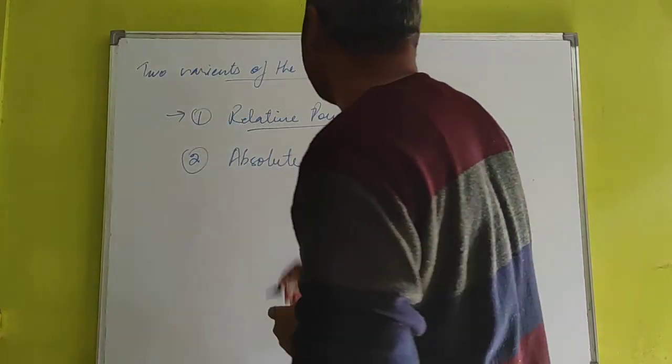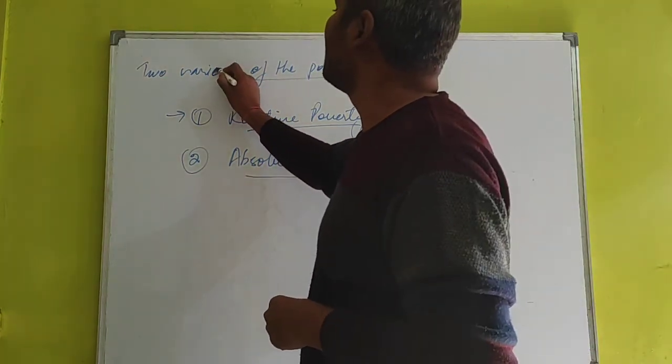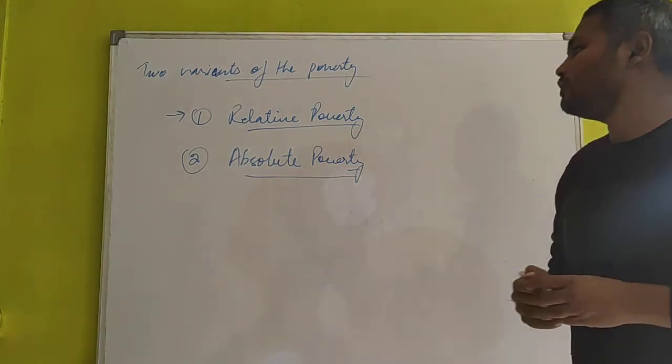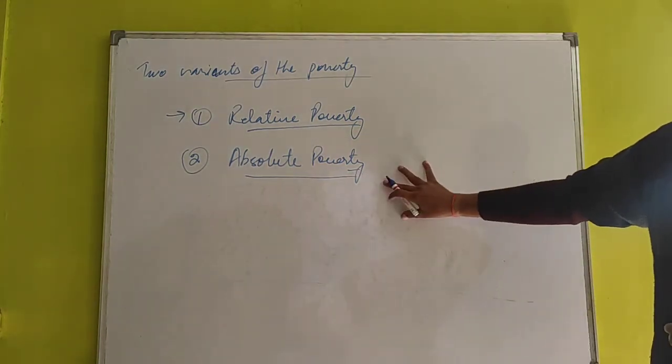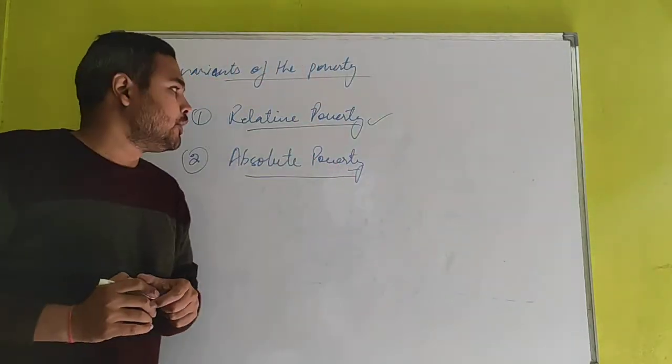One is relative poverty and another one is absolute poverty. Okay, so what is relative poverty and absolute poverty? We will study one by one. First we will study about relative poverty.